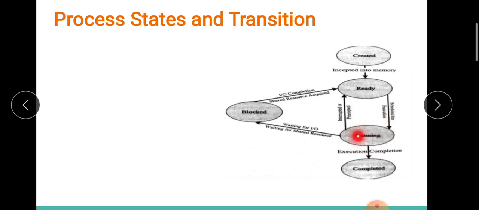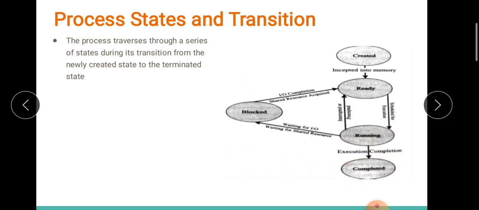While running, if it is suspended for some time due to any external events, it is in the blocked state. In the blocked state, if it gets the resources once again, it comes to the ready state, and when executed, to the running state. So this blocking condition can happen anytime. Once the execution has been completed, it reaches the completed state.